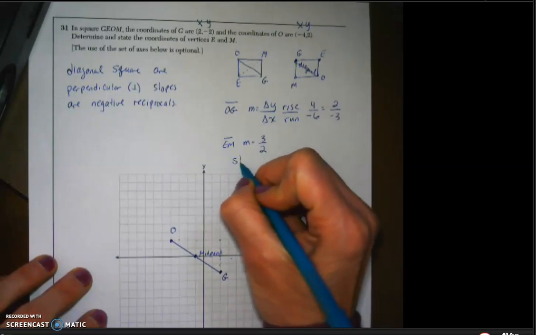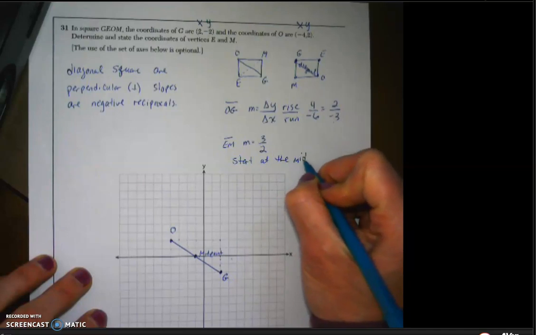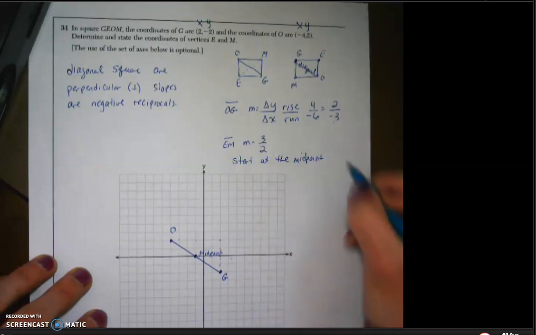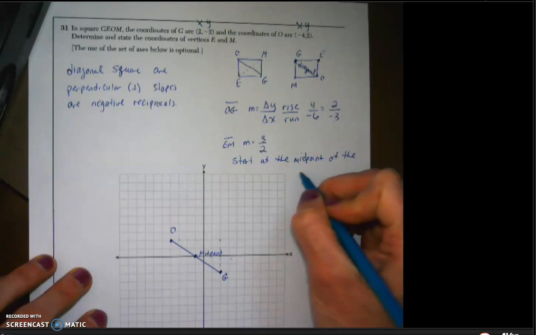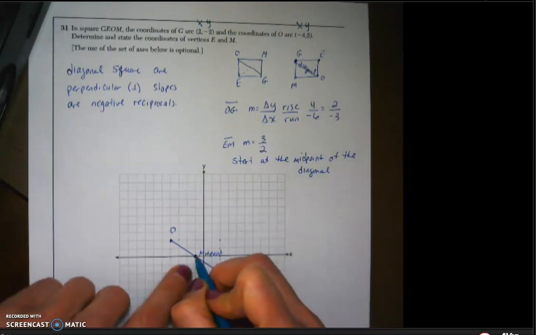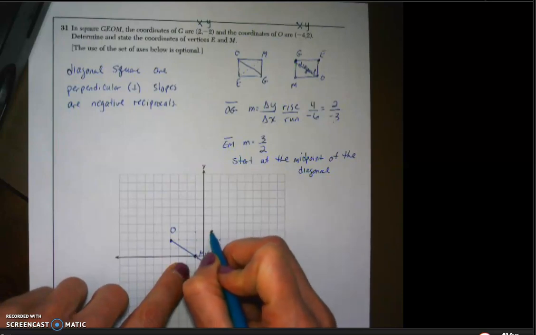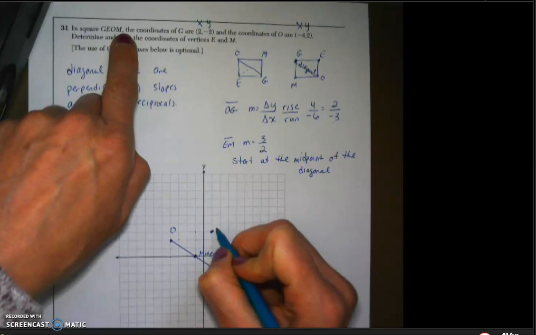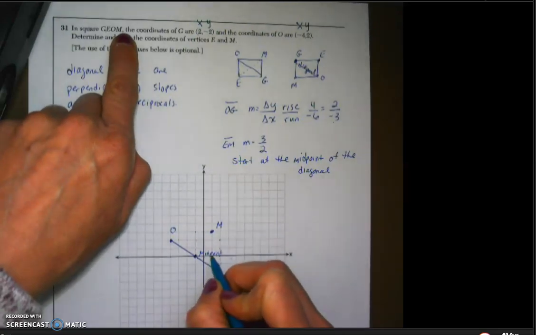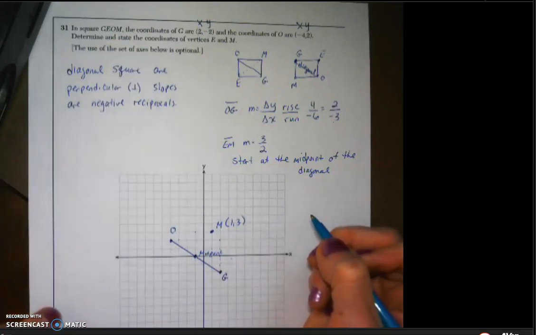So we're going to start at the midpoint of the diagonal, and from here we're going to go up 3 units and then +2 units, and this is going to be the coordinates of M. That's going to be at 1, 3.